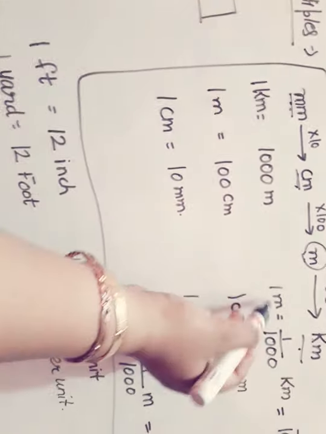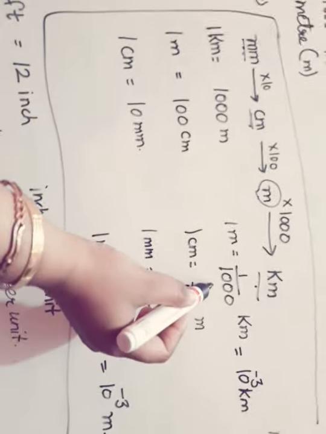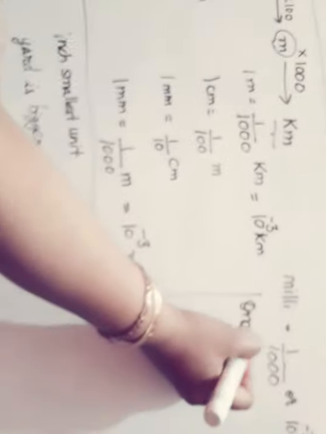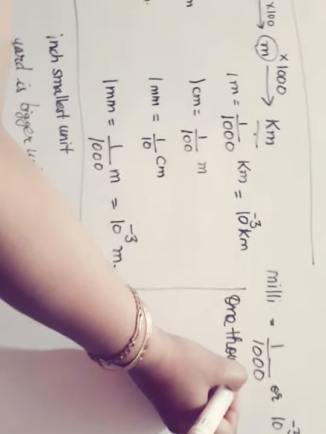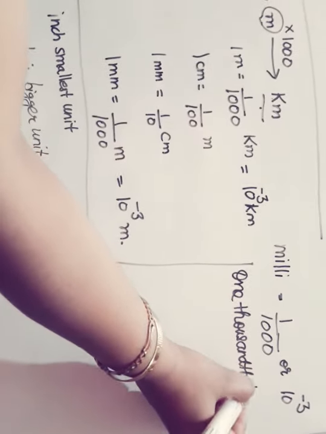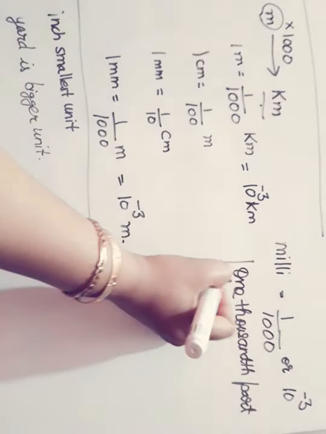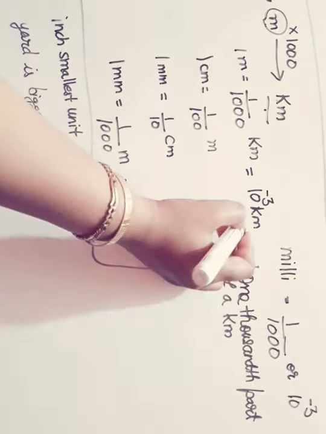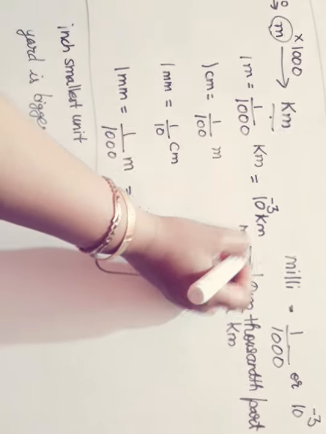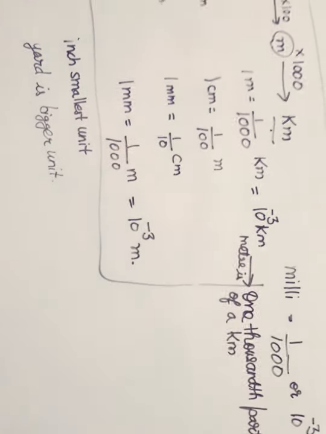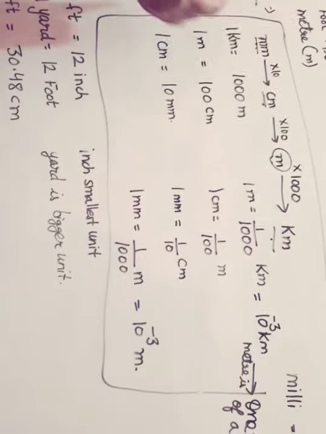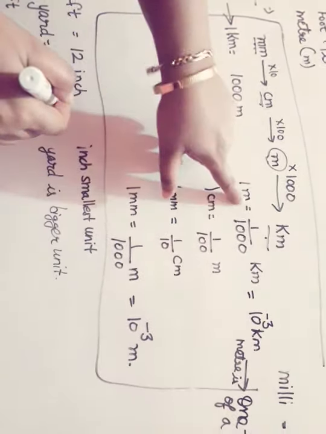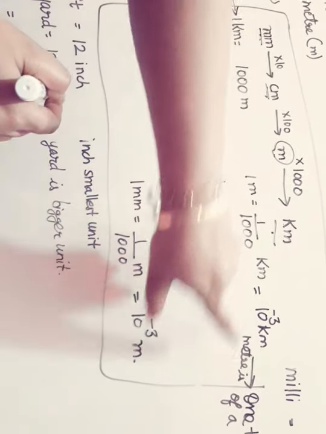So 1 meter is the 1000th part of a kilometer. Now from this point we define the meter: 1 meter is the 1000th part of a kilometer.